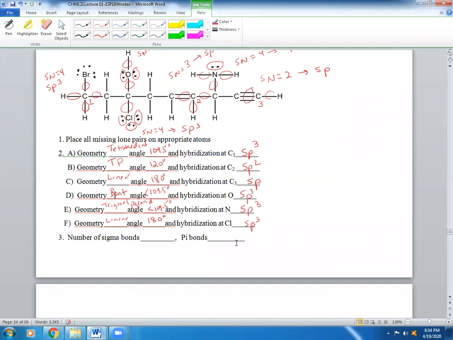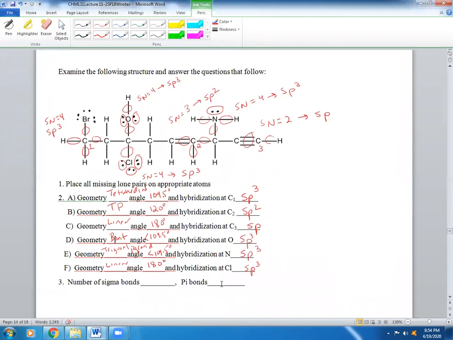And finally, number of sigma and pi bonds. So what I'm going to need to do, I'm going to need to clean up as much as I can here, because I need to show you where are the sigma and the pi. What I would do for you, if I were you, for sigma and pi, is I would count all bonds.